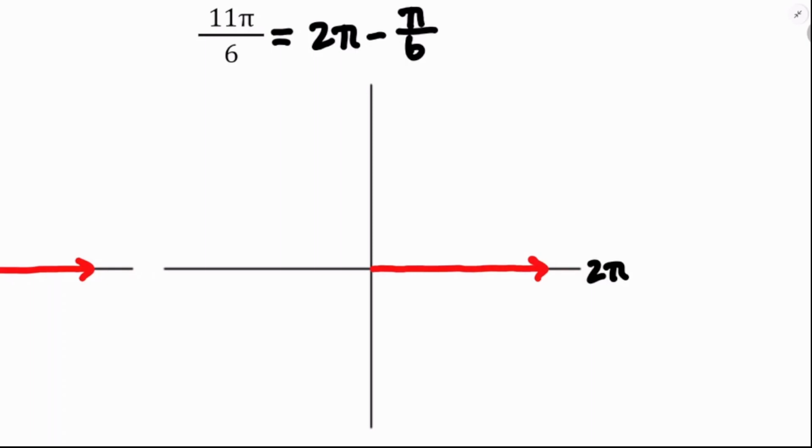So go down about like that. While 11 pi over 6 is a positive number, so that indicates a counterclockwise rotation, we know that because it was 2 pi minus pi over 6, I went backwards by 30 degrees. And it makes a 30-degree angle with the x-axis, so it's a 30-degree reference angle.